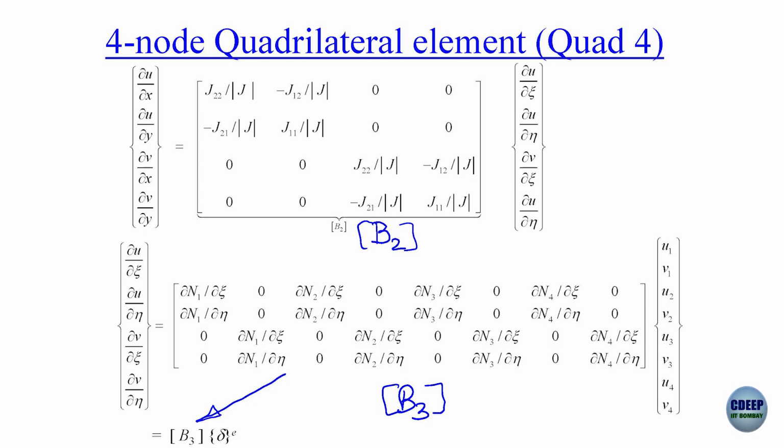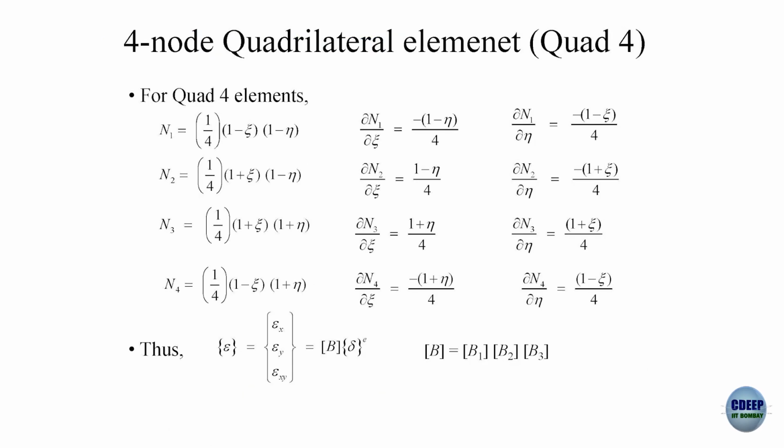So, this is a 4 comma 8. So, finally, I will get epsilon in terms of derivatives. Is that okay? How it will look like in terms of the shape functions N1, N2, N3, N4. So, the derivatives, all of them will go into B3 matrix. You will get B as the product of B1, B2, B3.